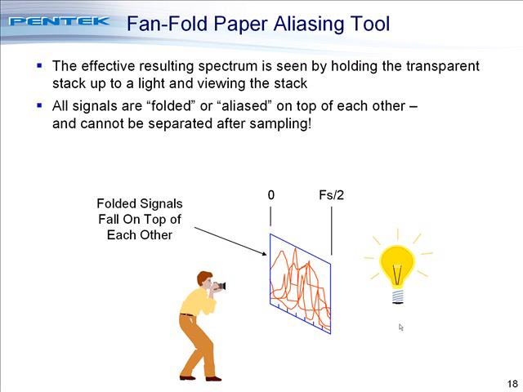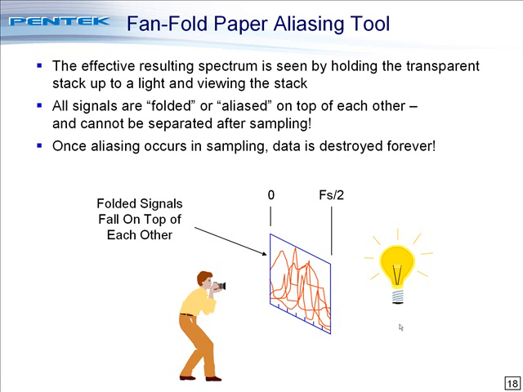So by looking at this mess in the folded image, you can't tell which page or which Nyquist zone any of those signals in red came from. And that's the problem with aliasing. Once aliasing occurs, the data is destroyed forever. So it's really important to sample data correctly and to avoid aliasing, or to do it in a very responsible way.